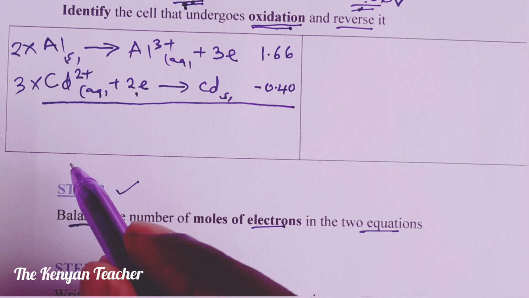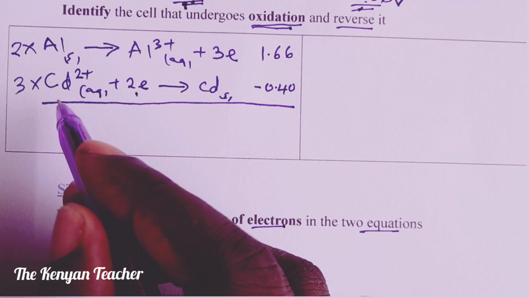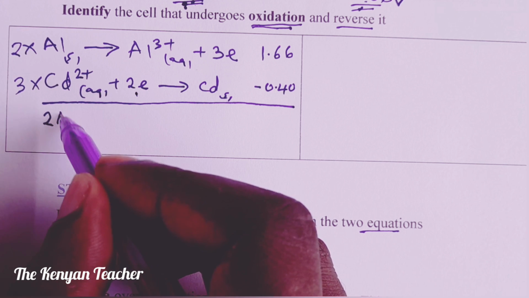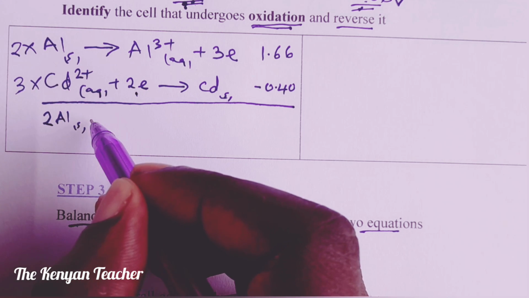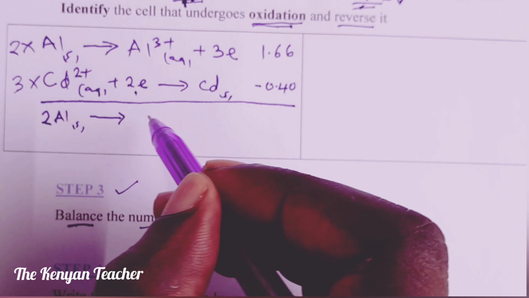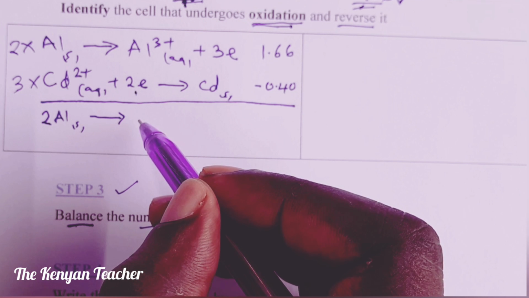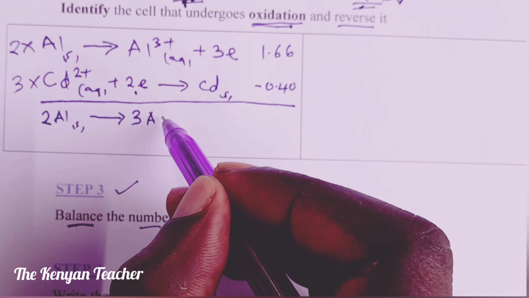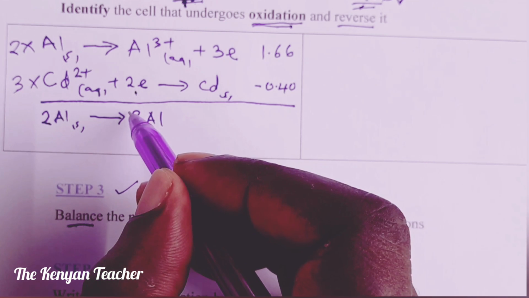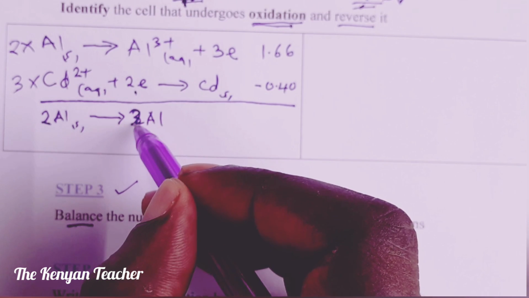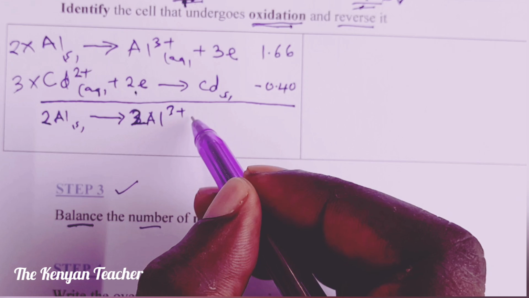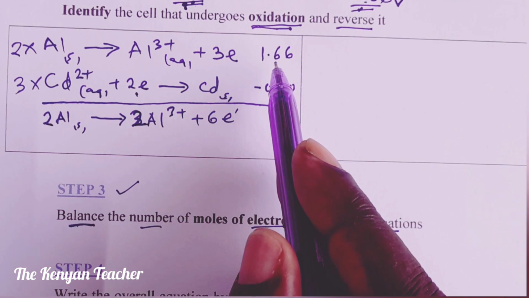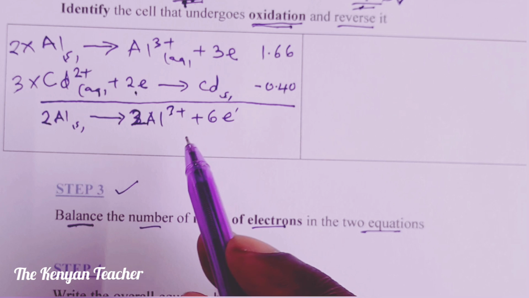Let's go ahead and do so. So if I multiply equation 1 by 2, I'll now have 2 moles of aluminium solid, giving 2 moles of aluminium ions and 6 moles of electrons. Of course, the E0 value doesn't change.